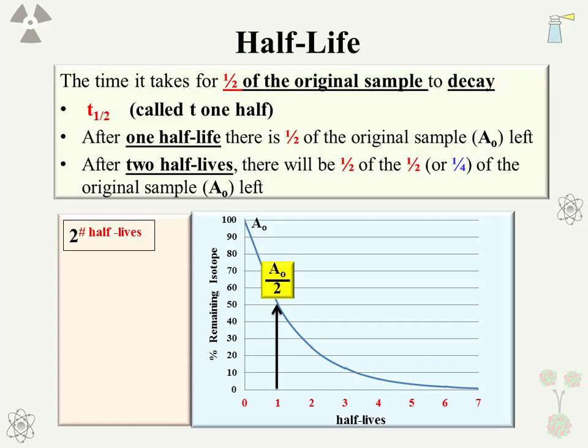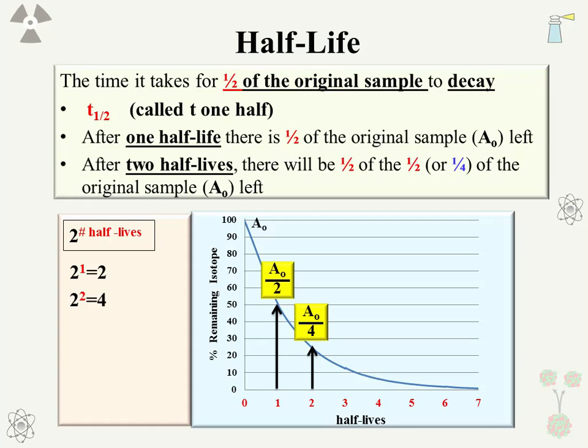Watch. For 1 half-life, that is 2 raised to the power of 1, which is 2. A sub 0 divided by 2. For 2 half-lives, it is A sub 0 divided by 4. 2 raised to the power of 2 half-lives is 4.